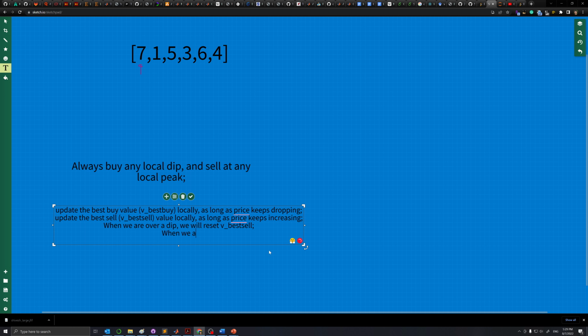And when we are over a top, a peak, we will reset V best buy, because the transaction is over and we have to just move on, like it's a whole new day.